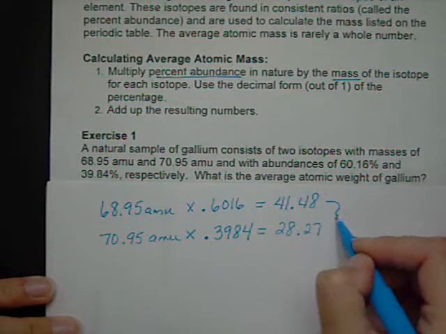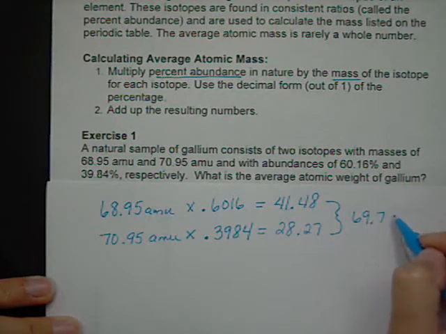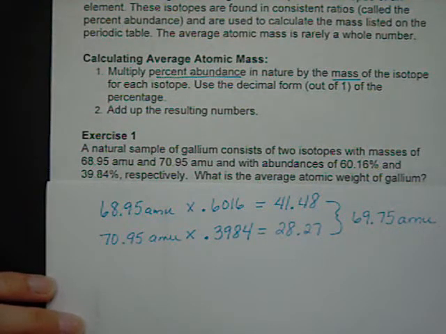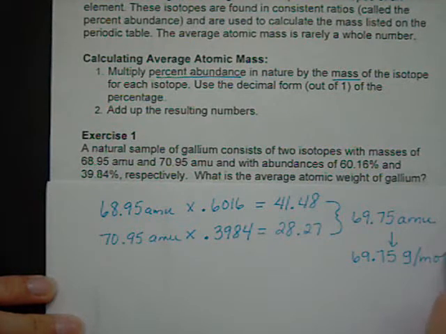I can then simply add those two values, and I get 69.75 atomic mass units, or AMU. If I scale this up by a mole worth of particles, then I get 69.75 grams per mole. Both are acceptable.